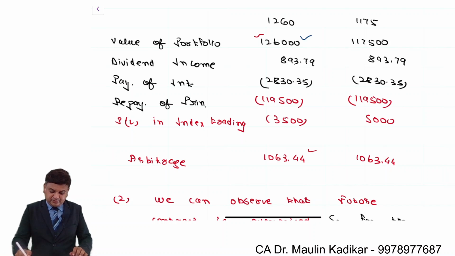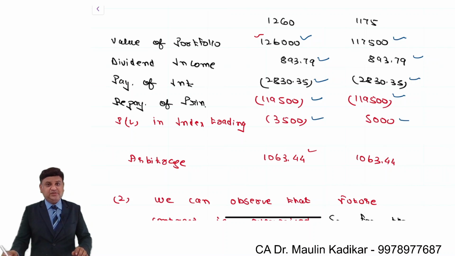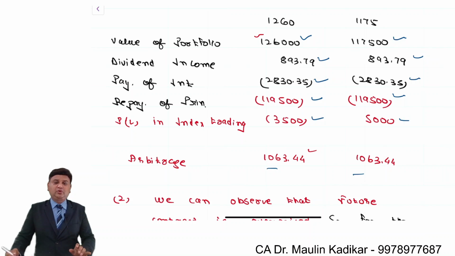So your value of the portfolio is this: dividend income, payment of interest, repayment of principal, profit or loss in the index trading. In either of the case, you make a profit only, and whatever other price is provided to you, definitely you will end up with the profit only. There is no question of loss.